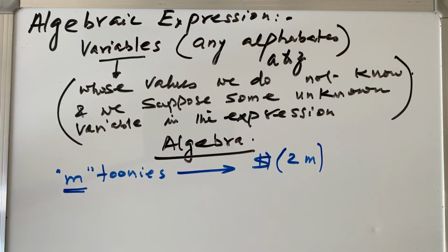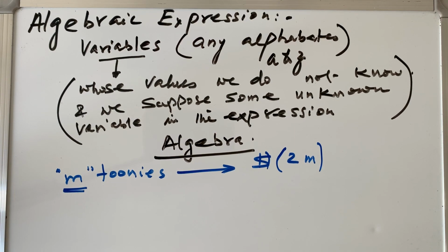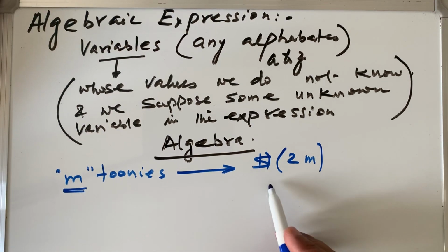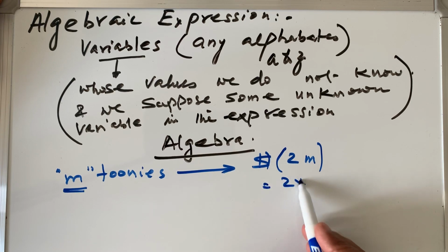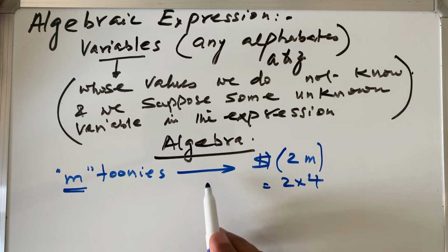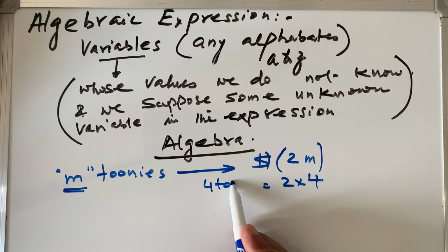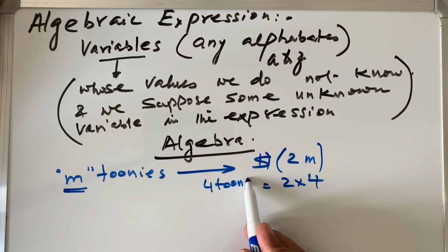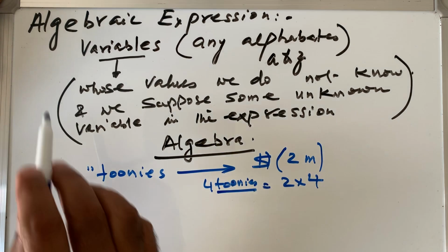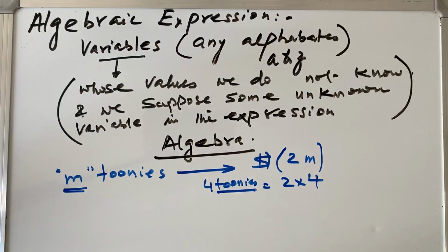So this is a general expression and it involves a variable M. And I need to know how many dollars I have if I have 4 Tunis. If I have 4 Tunis, that means 2 times 4. So I got that from my algebraic expression, and that expression is an algebraic expression.